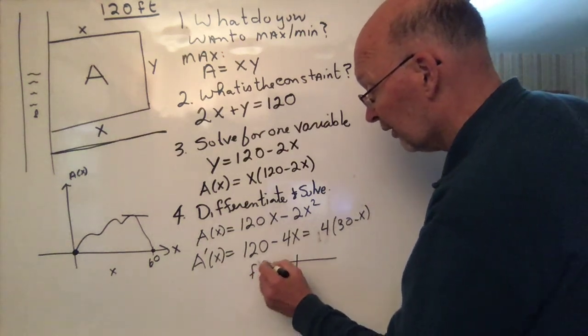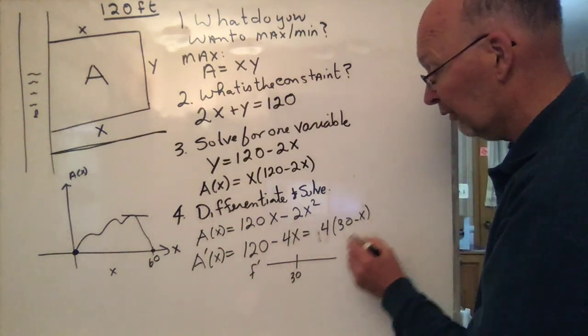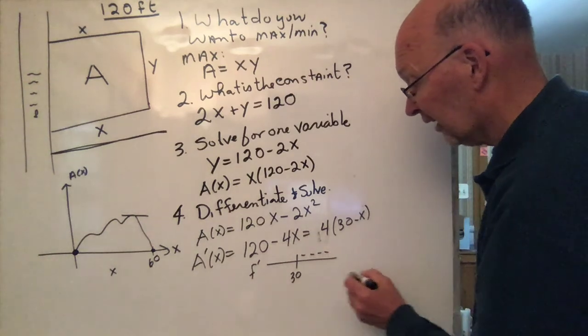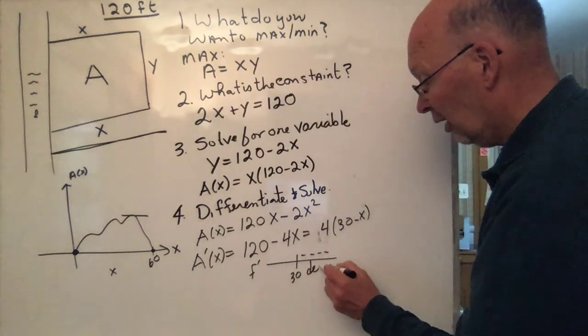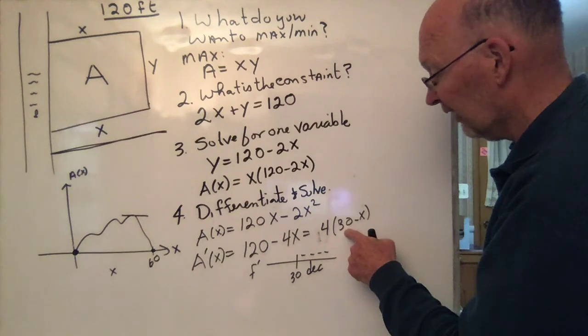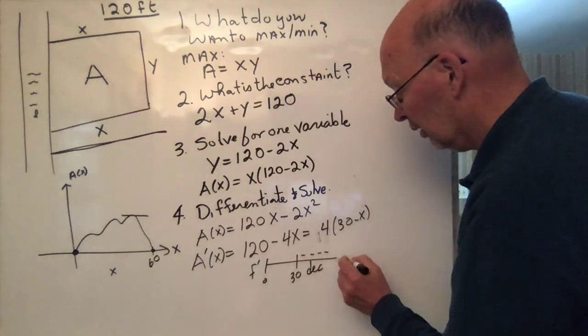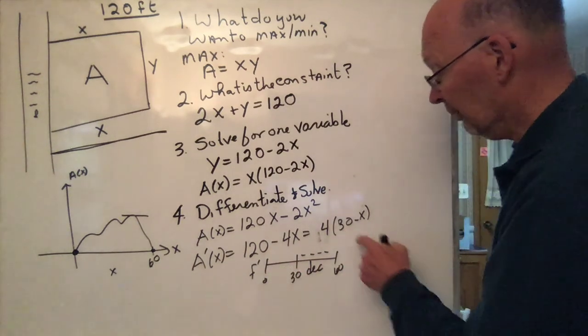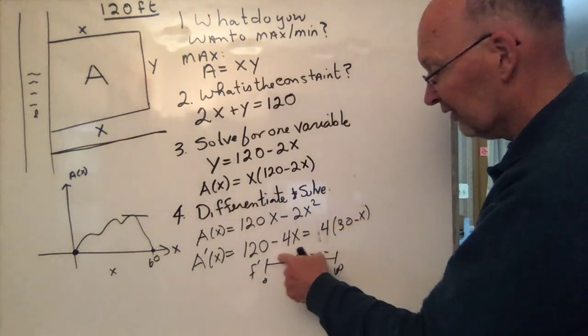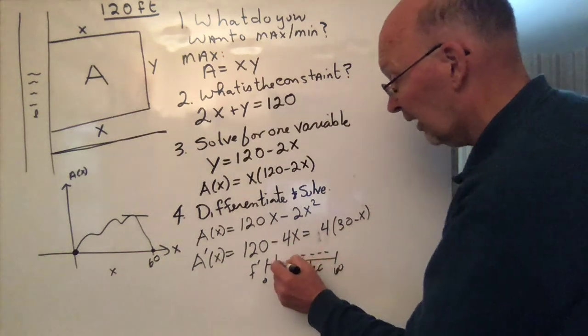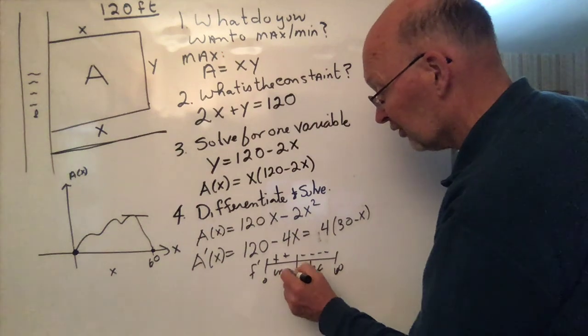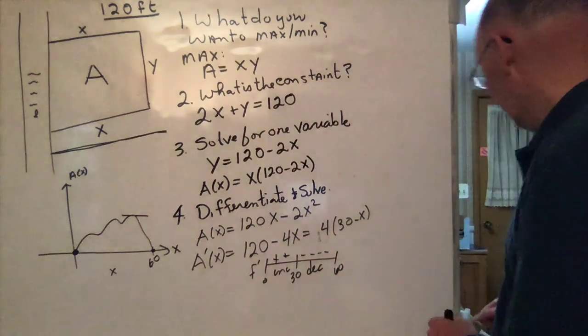So there's your critical point right there. When x is greater than 30, the derivative is negative, so it's decreasing. When x is less than 30 and greater than 0, this is your domain right here, the derivative is positive. So that means the function is increasing here and decreasing there.